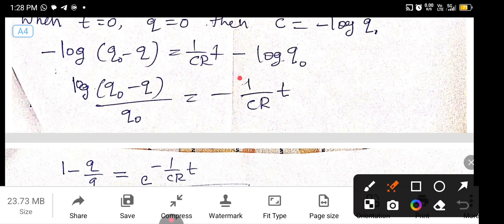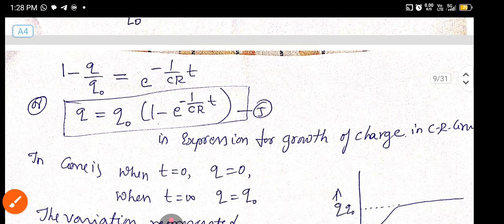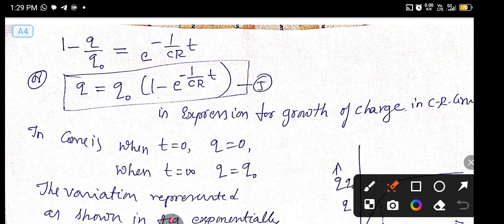Bring this to the positive side, this gives log of Q naught minus Q by Q naught equals minus 1 by CR into t, then Q equal to Q naught into 1 minus e to the power of minus t by CR, where Q is the charge flowing through it, Q naught is the maximum charge.